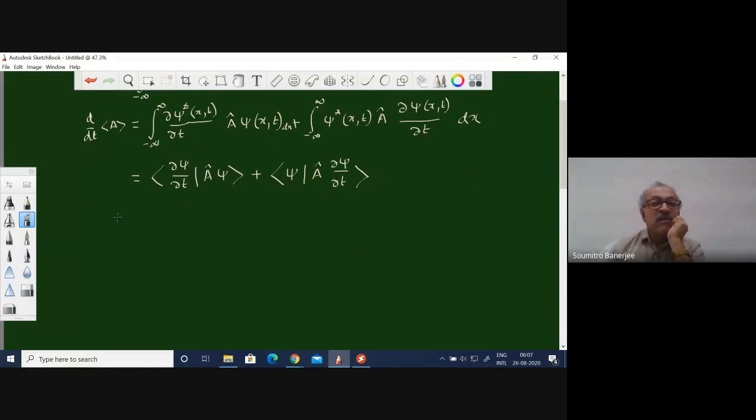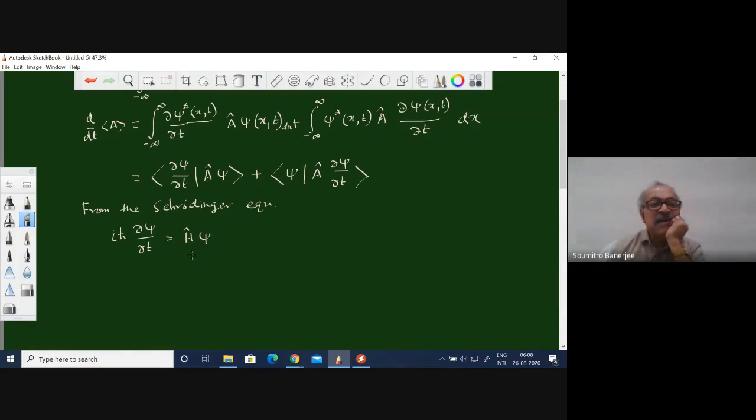Okay, now we know these from the Schrodinger equation. From the Schrodinger equation, i h cross del psi del t is actually the Hamiltonian operating on psi.